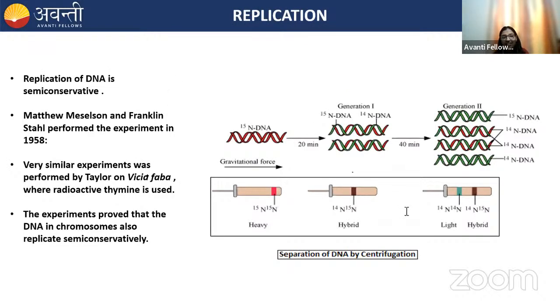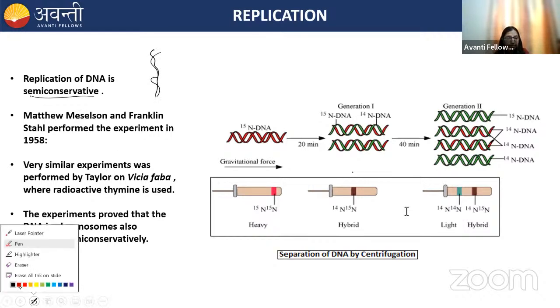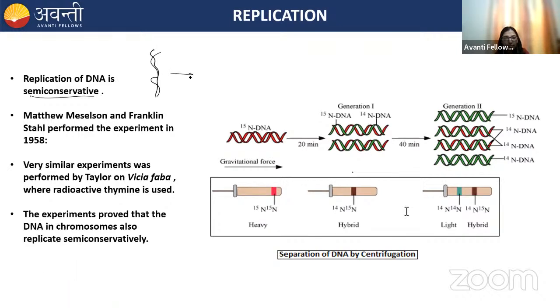Moving next is the replication. Replication is semi-conservative in nature. Semi means half. So if this is the parental strand, one strand will remain conserved and another strand will be newly synthesized, the daughter strand.